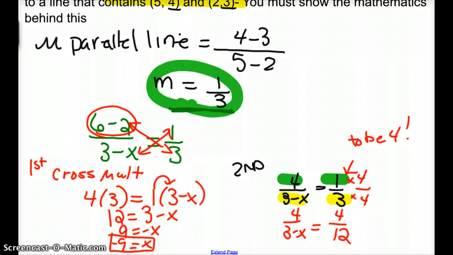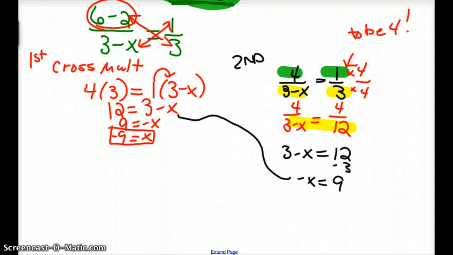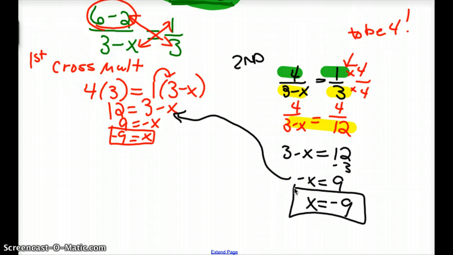So I'm going to write 3 minus x has to equal 12. I have to have the tops matching, I have to have the bottoms matching. So I'm going to do the same thing. I'm going to minus my 3 so you see I'm getting to the same thing I had before. X equals negative 9. So there were two ways to get there.